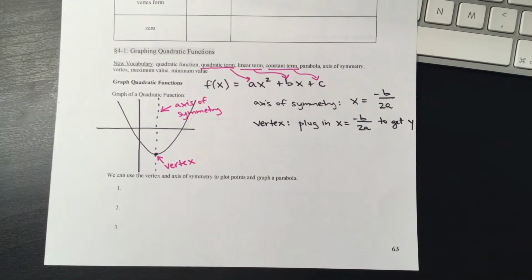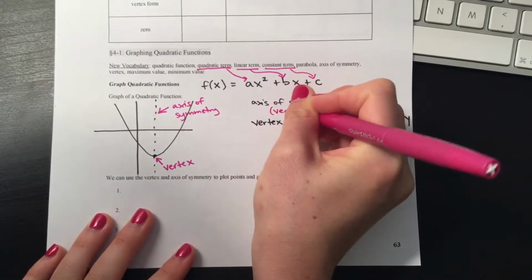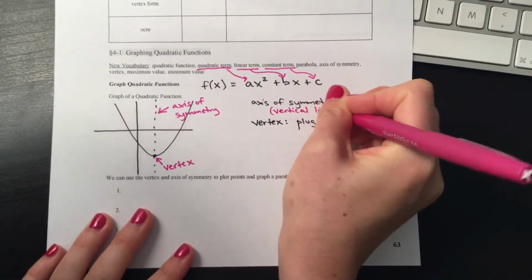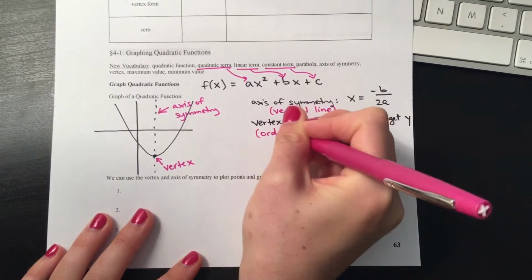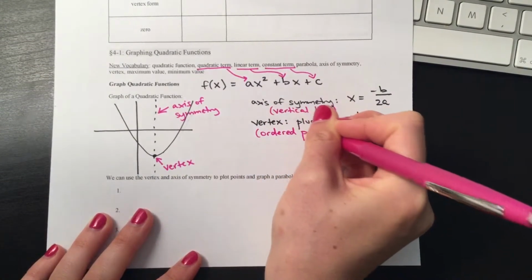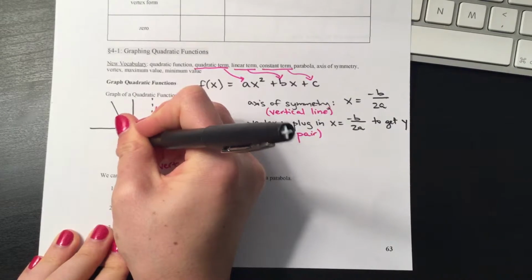So the y value you're going to have to find, and remember the vertex should end up being an ordered pair. Okay, so the axis of symmetry, remember, is a vertical line. And then the vertex should be an ordered pair. So their x values are the same, but the vertex, since it's an ordered pair, should also have a y value.